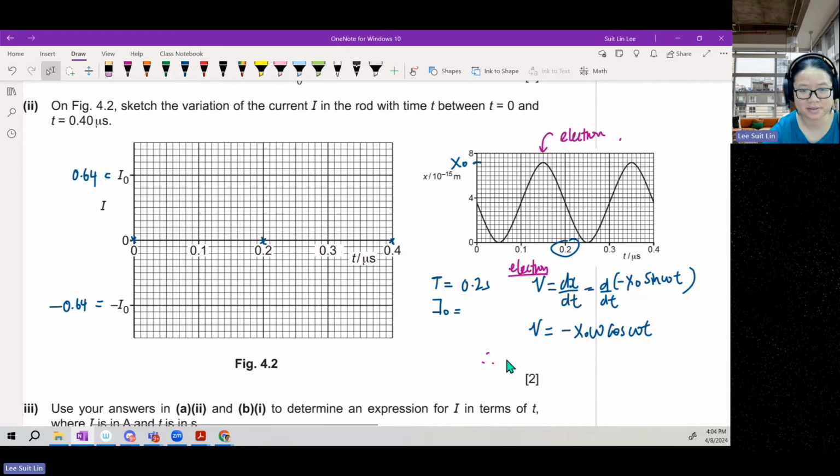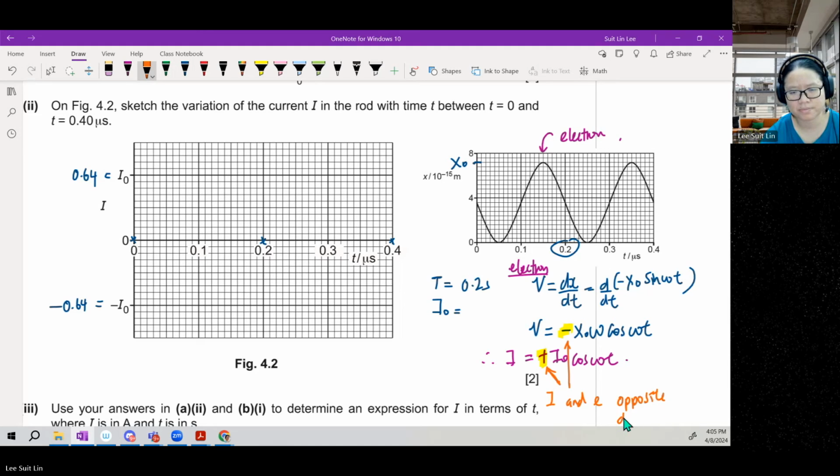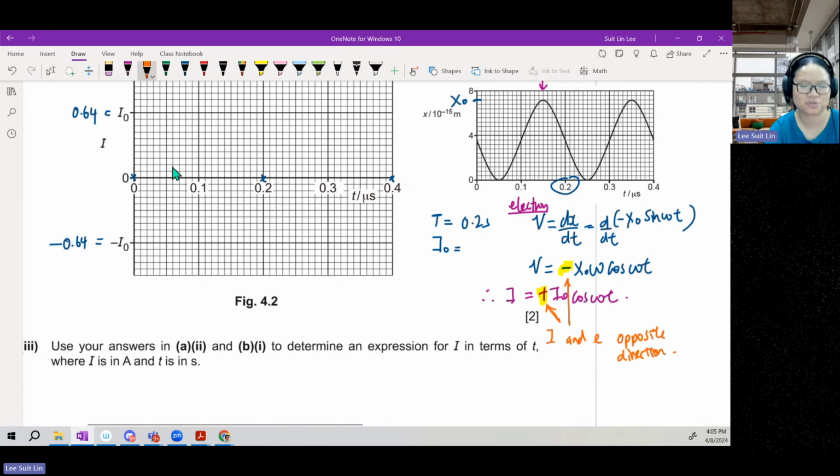So hence current will be positive I naught cos omega t. The sign here is different because conventional current flow and electron flow are in opposite directions. This one will continue to haunt scientists for generations, but it's okay. We'll deal with it. So we're going to draw positive cos. Positive cos starts from here.